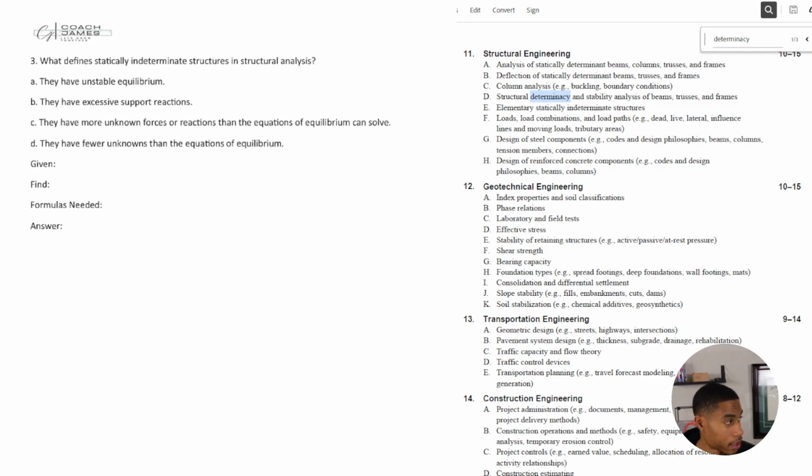All right, let's look at number 3. What defines statically indeterminate structures in structural analysis? Given that, what information are we given here? We know that we're looking at some statically indeterminate structure, and we're trying to find the definition.